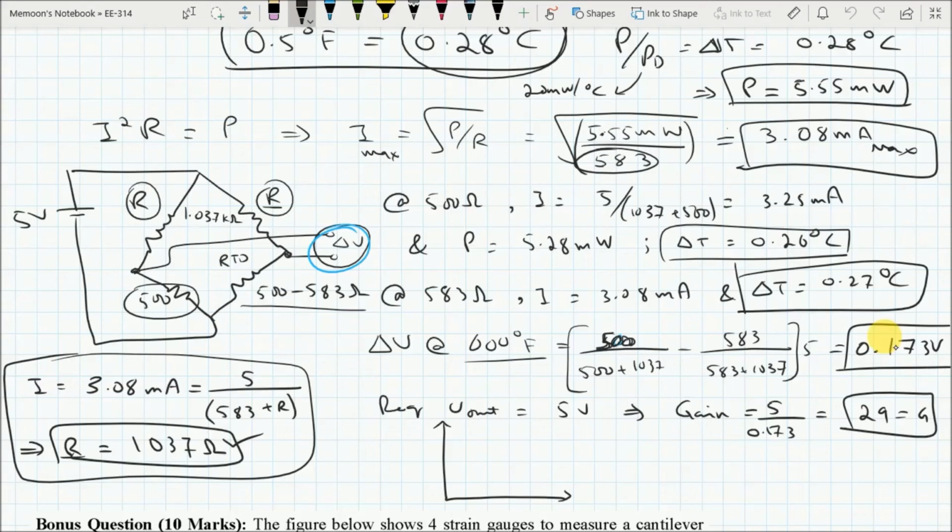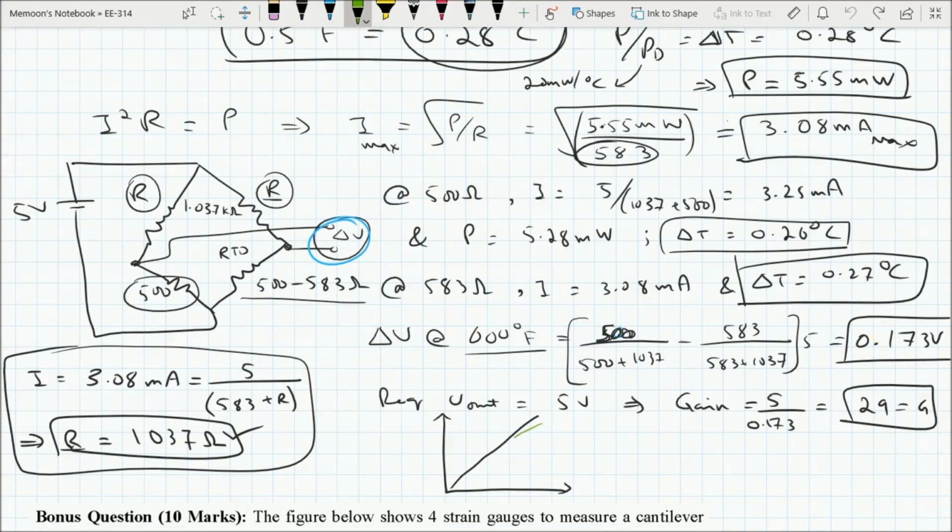So let me show you roughly that this was the linear approximation, and this green was your actual curve. On the x-axis we have temperature in degrees Celsius and on the y-axis we have V out in volts.